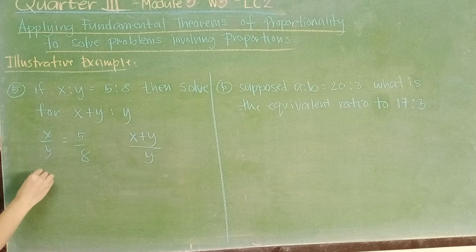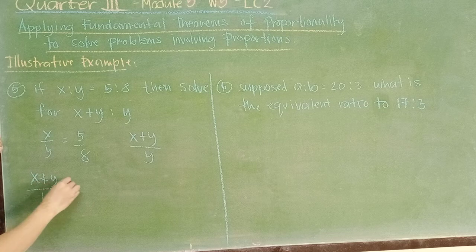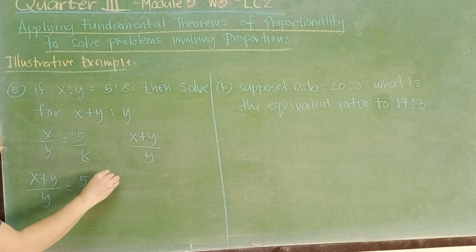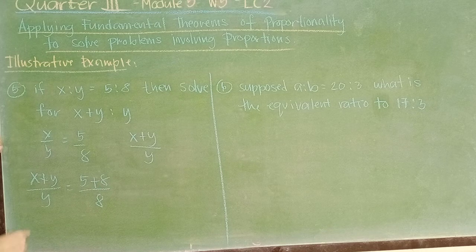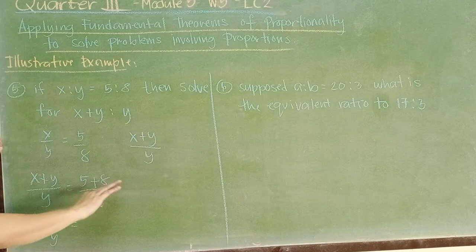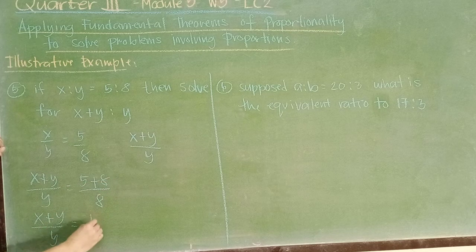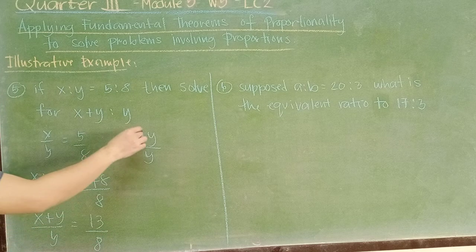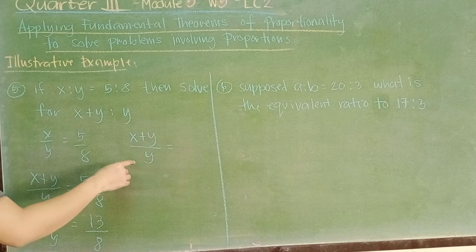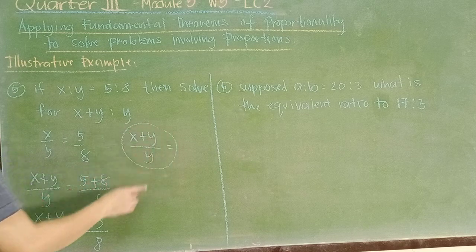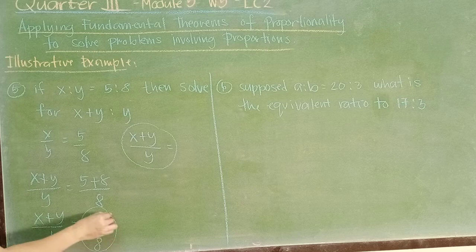So magiging x plus y over y, and then 5 plus 8 over 8. So copy yung sa left side, and then simplify yung nasa right. 5 plus 8, that is 13 over 8. Now makikita natin yung equivalent ratio for x plus y is 13 over 8. So x plus y over y is equal to 13 over 8.